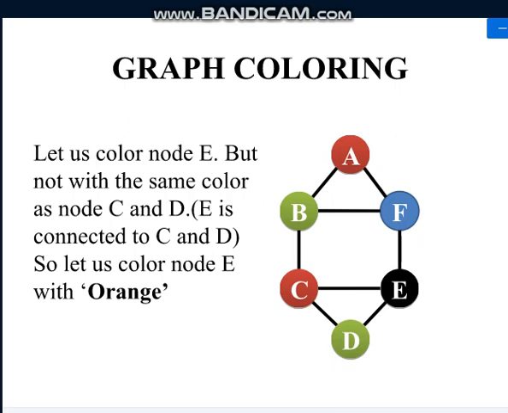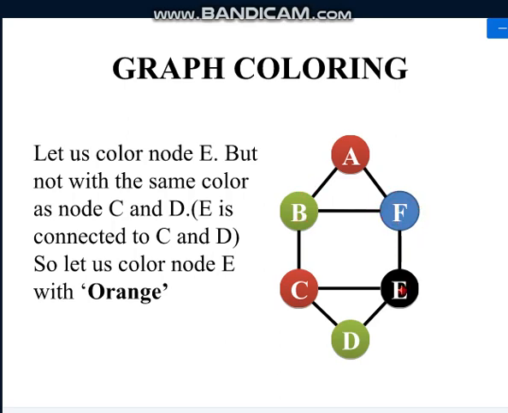If I consider F, can I color that node with red, green and black or orange, whatever we consider the third color? If I consider red, F is connected to A, so I cannot color this node with red. F is also connected to B, so I cannot color this node with green.